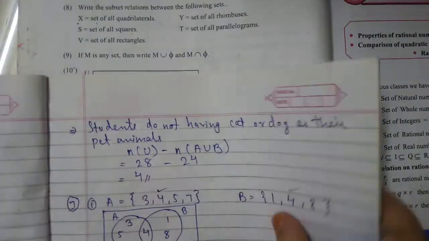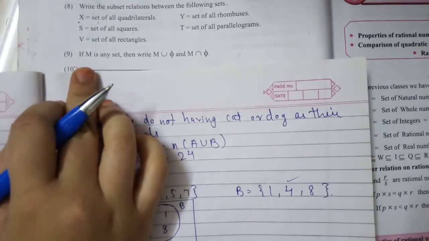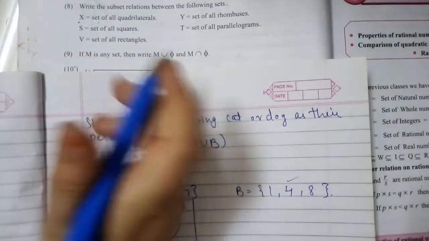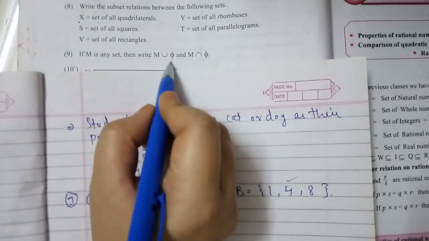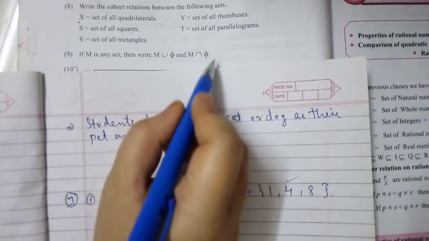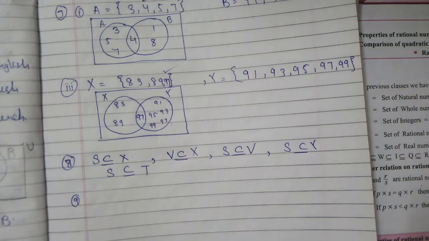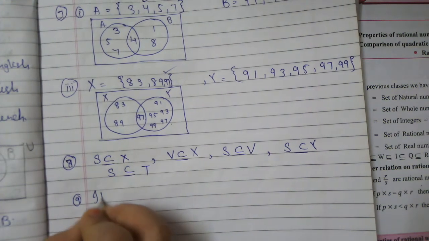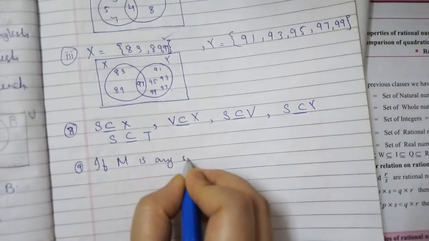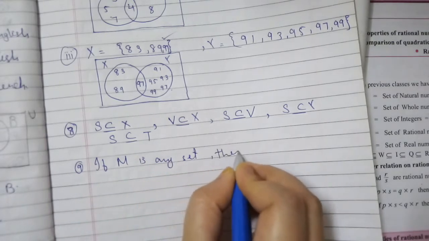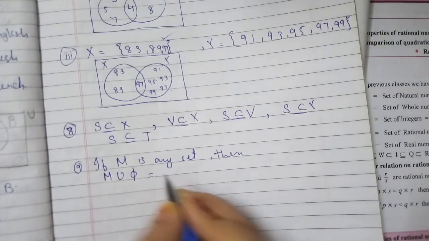Now question number 9. Question number 9 says M is any set. Then write M union empty set or phi, and M intersection phi. So here M is any set, and we have to write the relationship like this. M union empty set will be M only.